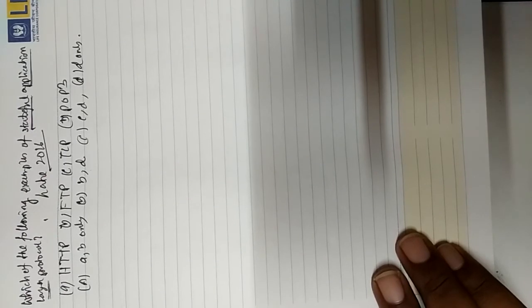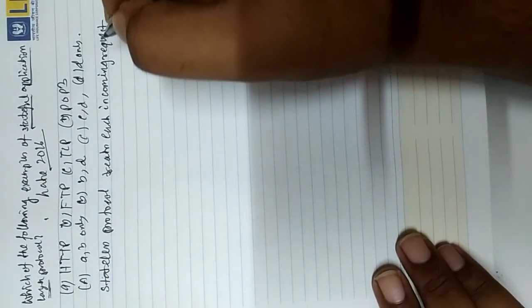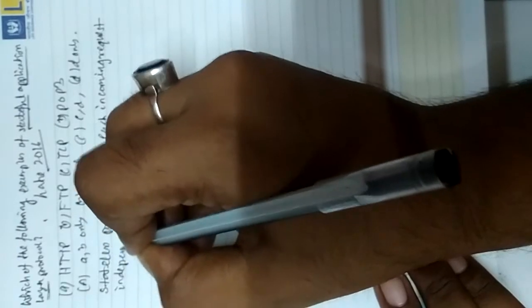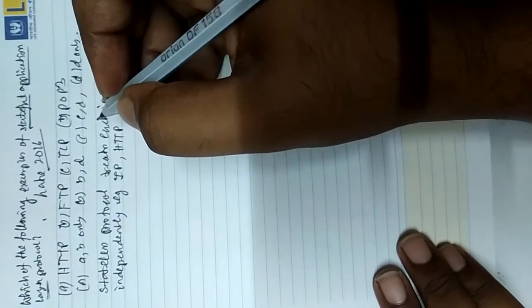So stateless protocols treat each incoming request independently, and examples are IP and HTTP.